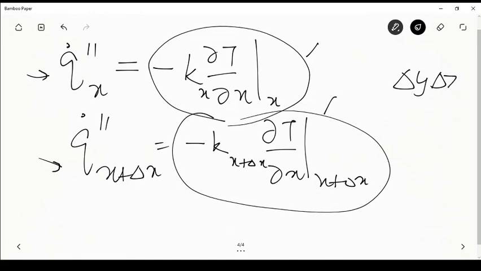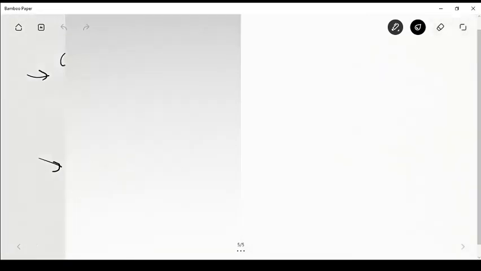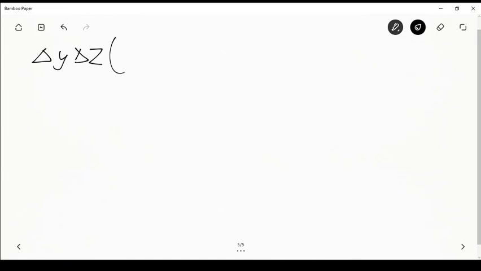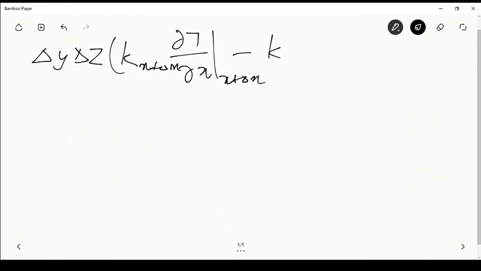So what we'll get is delta y delta z multiplied by Kx plus delta x, because that is positive, we'll write that first, into del T by del x at x plus delta x minus Kx del T by del x at x. Okay, so that is your first term.